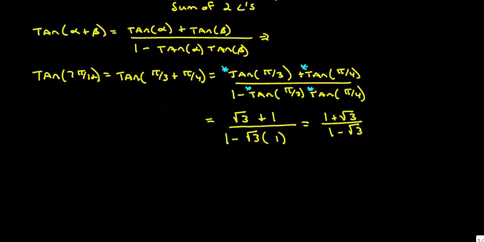Now, we shouldn't leave the square root of 3 in the bottom. We should rationalize the denominator, meaning make it into a value that can be written as a fraction. So we multiply top and bottom by the same thing, which is 1 plus the square root of 3.